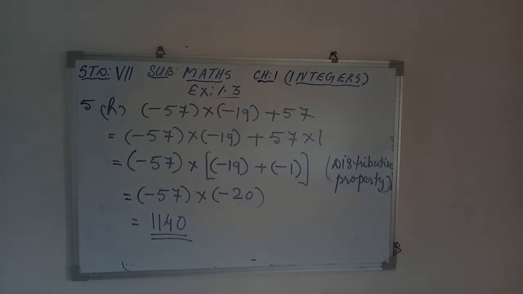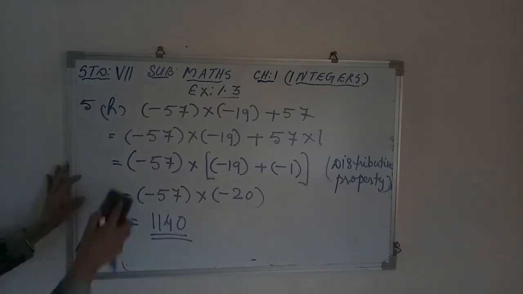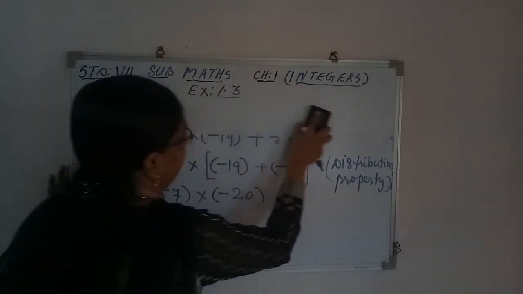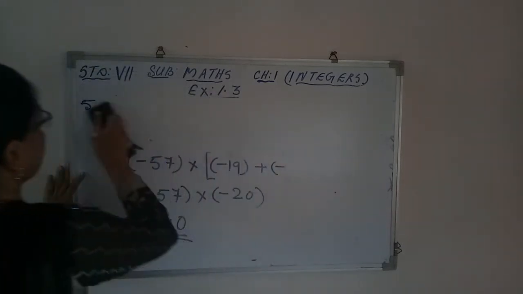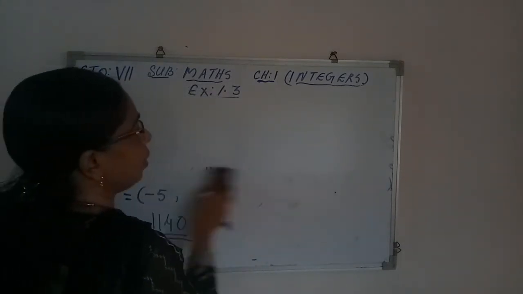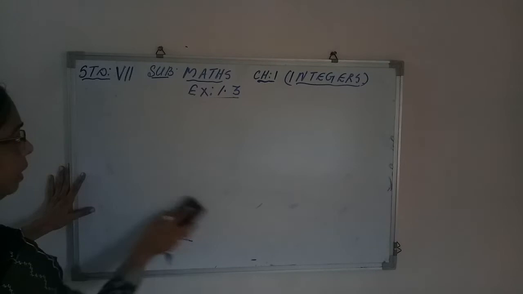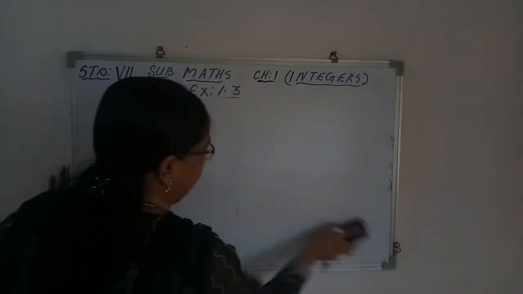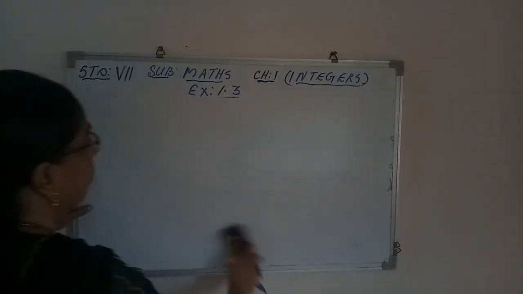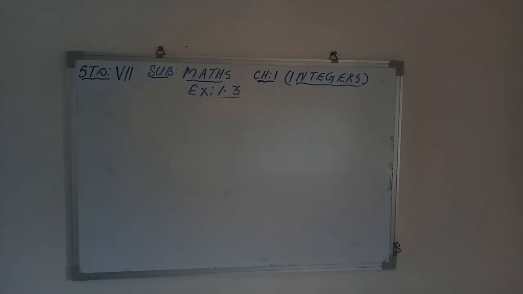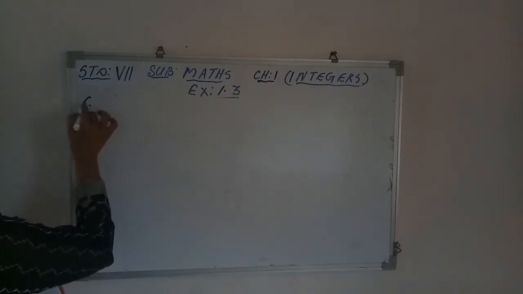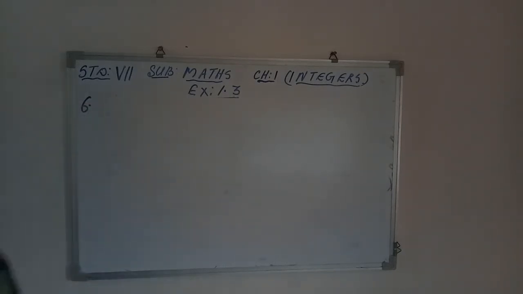Yes. Now question 6. That statement sums. The statement sums, you have to write the statement clearly and then calculation. The steps should be proper. So question 6. I'll read the question.